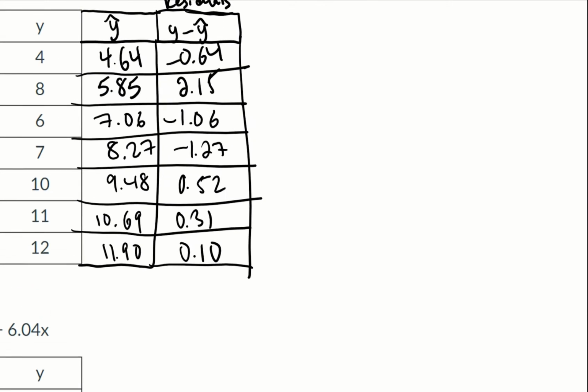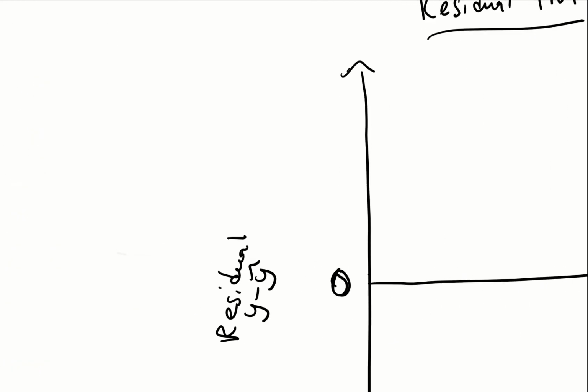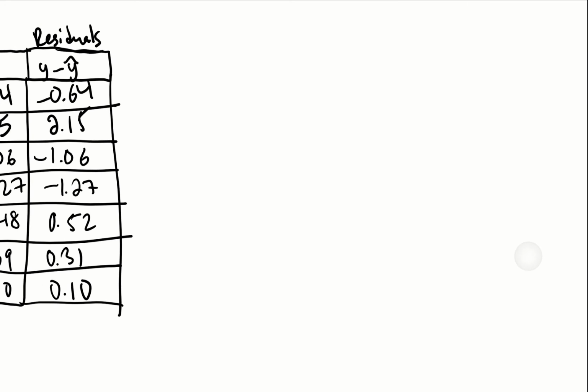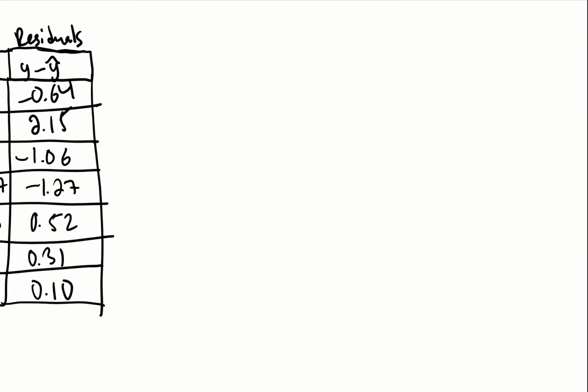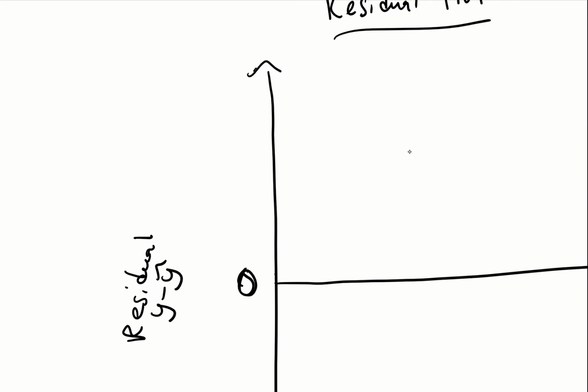If you look at your residuals, your highest number is about 2. Your lowest number in the negative is about -1. One seems fine, so actually we'll go by 0.5s: 0.5, 1.0, 1.5, 2.0, and then 2.5.